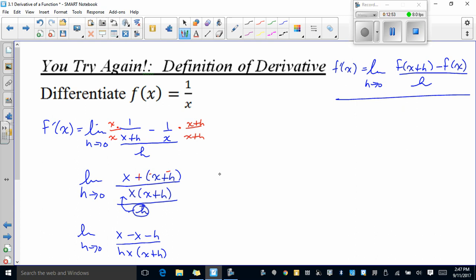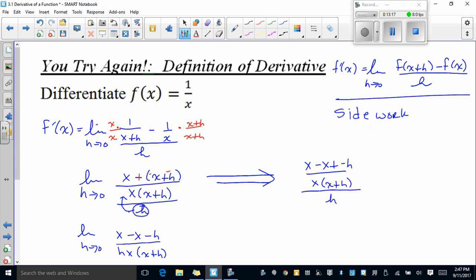So on this one here, I have the x minus x plus negative h all over x times x plus h, all over, and I'm going to write it as h over 1. Well, this is just this fraction divided by this fraction.